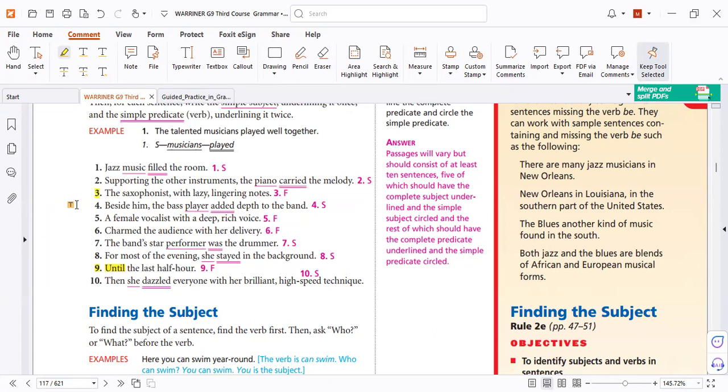Do we have a subject and verb? Yes. Look, the saxophonist is the subject, but there is no verb. Don't confuse that lingering is a verb. No, lingering is an adjective to the noun. So there is no verb, so it is a fragment. That is the point.